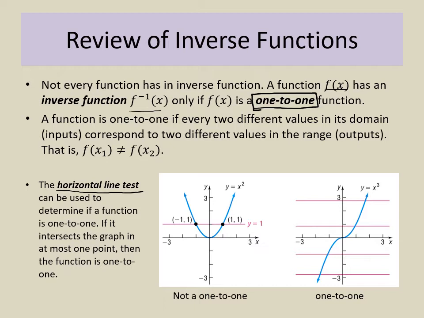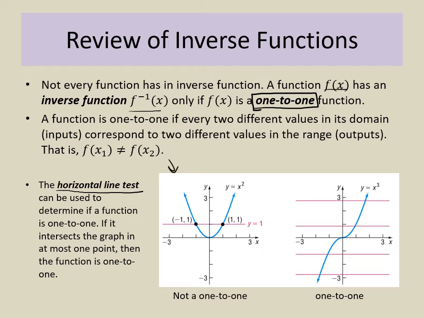The horizontal line test says if any horizontal line intersects the graph in more than one point, then the function is not one-to-one. So a function is one-to-one only if every horizontal line intersects the function at most one point.